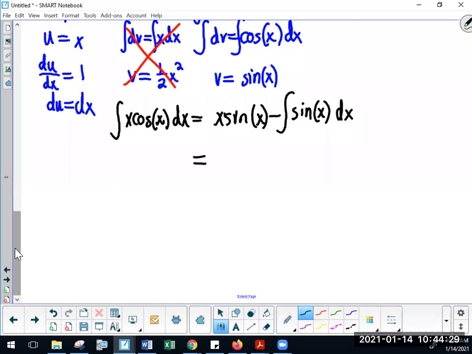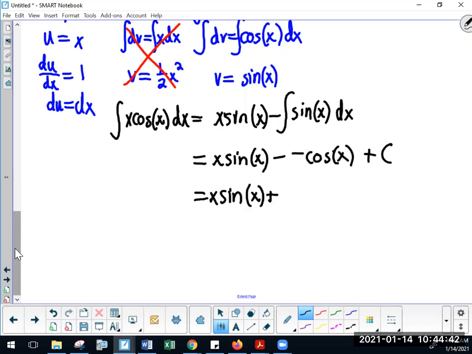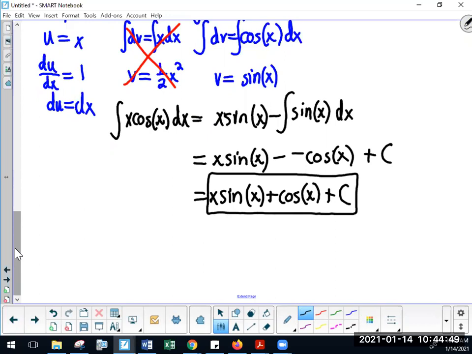Okay. Antiderivative of sine is negative cosine. So we have x sine of x plus cosine of x plus c. This is the function whose derivative is x cosine of x.